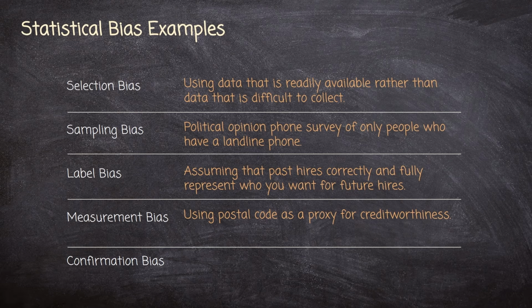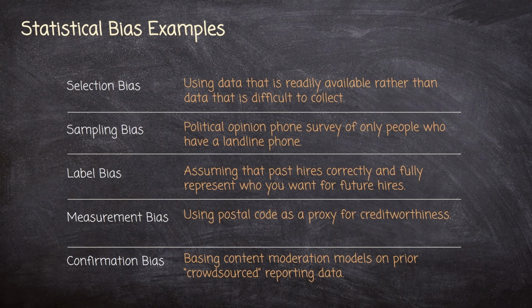And that was an example of bias where this proxy, this kind of arbitrary postal code, was used, and ultimately it had very, very bad unintended consequences. And some may argue that it in fact had intended consequences, but I'm not going to go into all of that. And finally, we have confirmation bias.